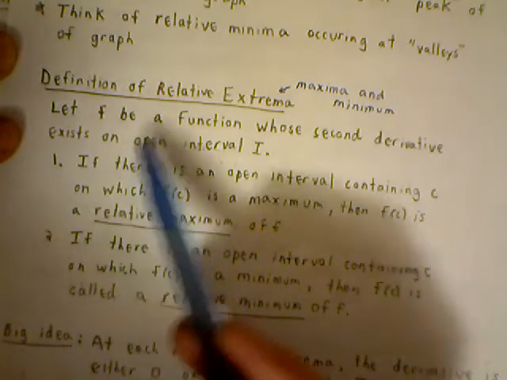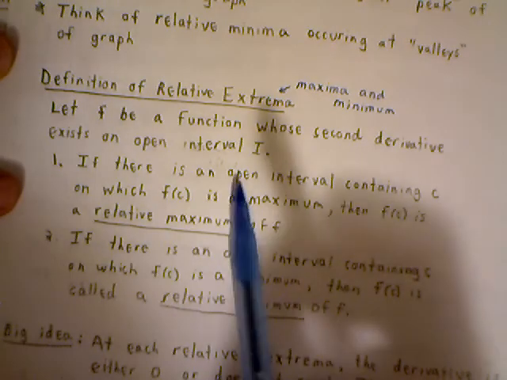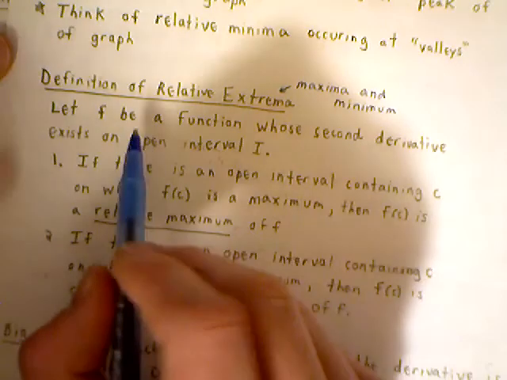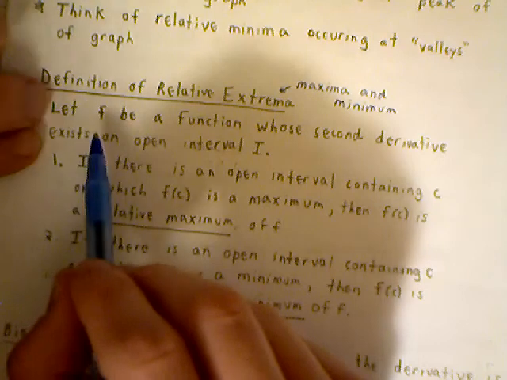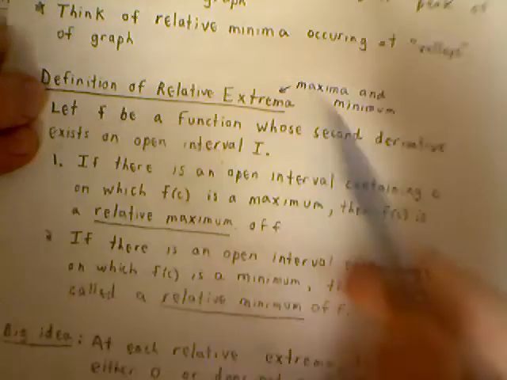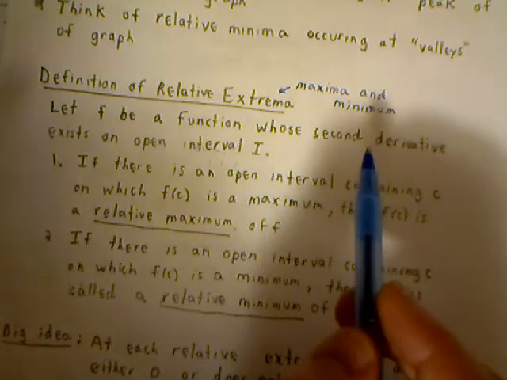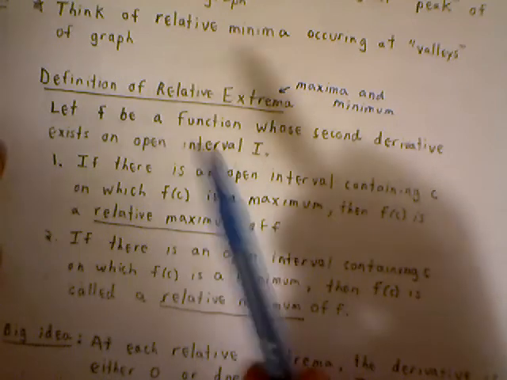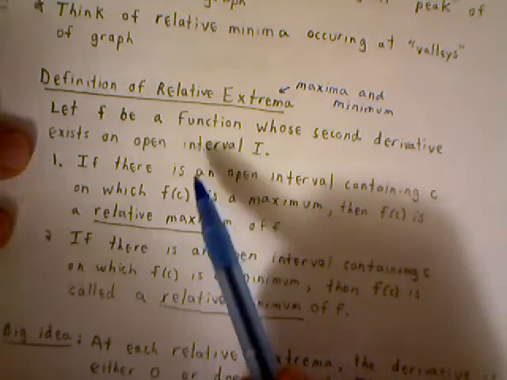Let f be the function whose second derivative exists on an open interval I. From here on out, with some of the AP questions, you have to read this criteria in the AP question, like when it tells you this. So we have the second derivative exists. That's going to be important eventually.